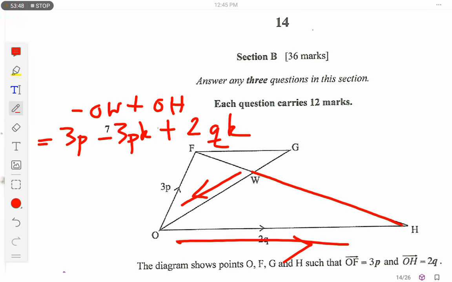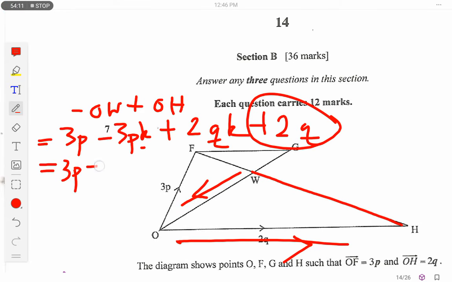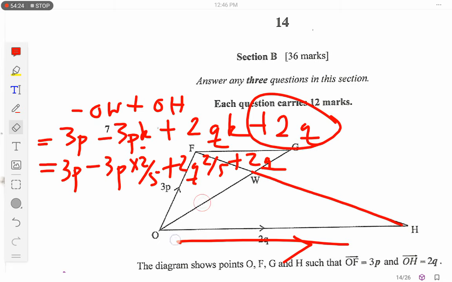Okay, it's only for OW, so my OH is going to be equal to plus 2q there. That's my OH there. Then simplifying this, remember my k is 2 over 5, so I'm going to multiply everything there by 2 over 5. So I'm having 3p minus 3p times 2 over 5 plus 2q times 2 over 5 there plus our 2q there. Okay, let's simplify that part there and see what we get.